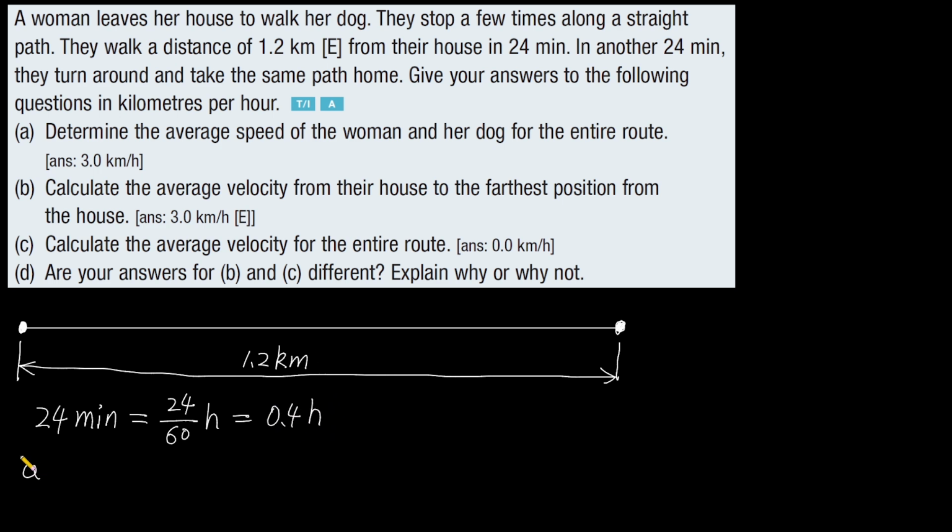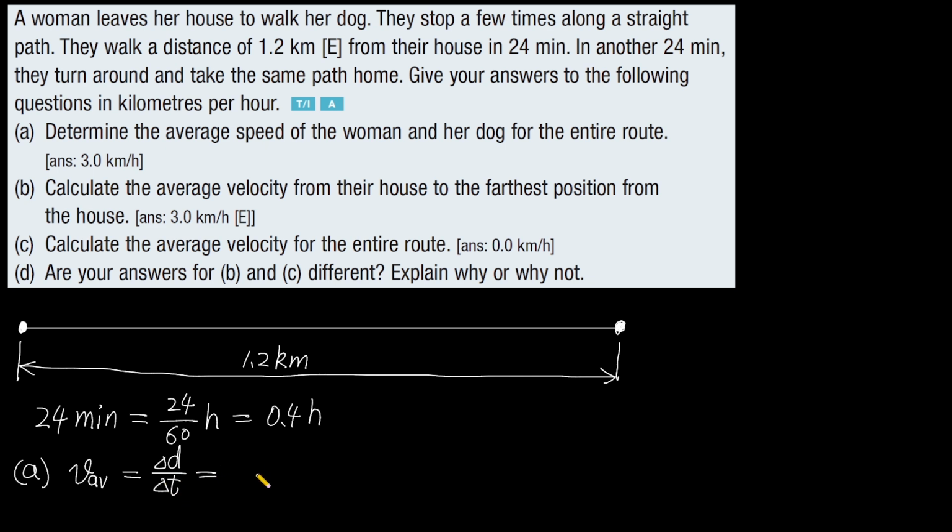And now question A. Determine the average speed of the woman and her dog for the entire route. So use the formula. The average speed equals the total distance divided by the total time interval.